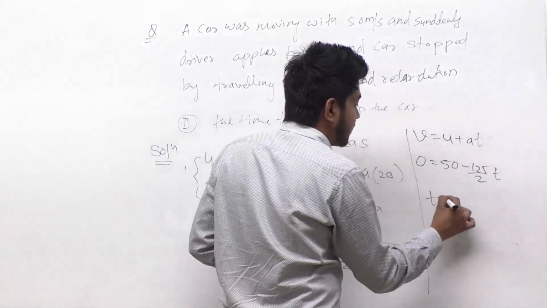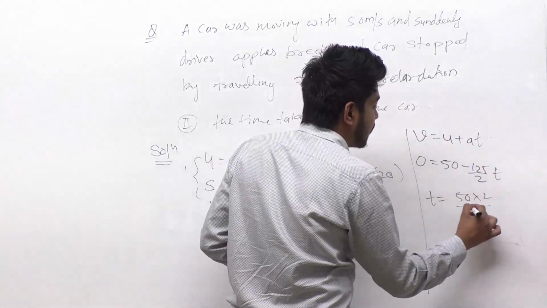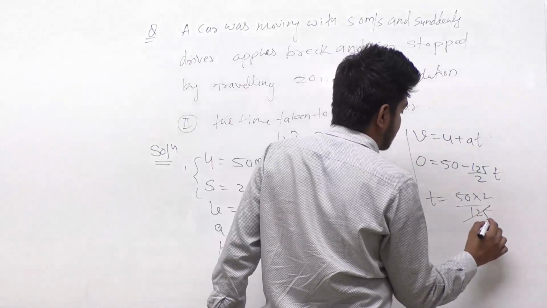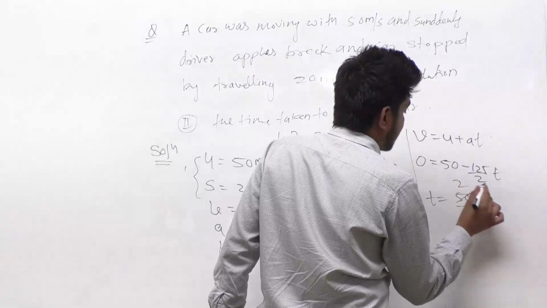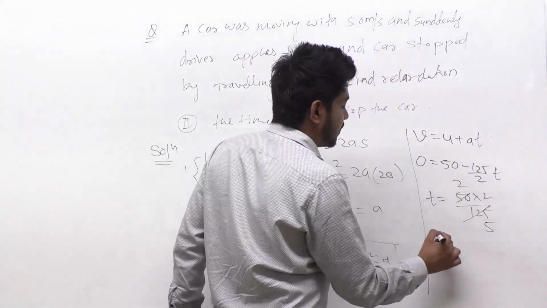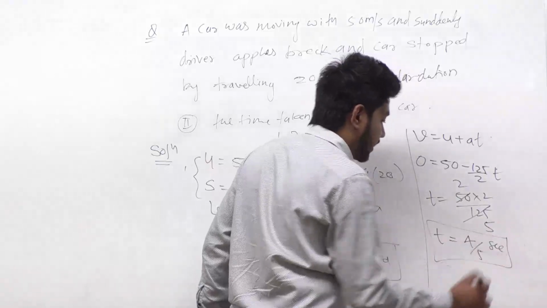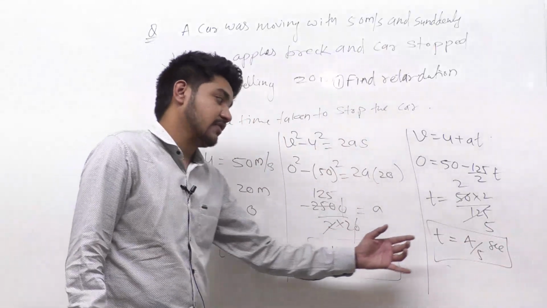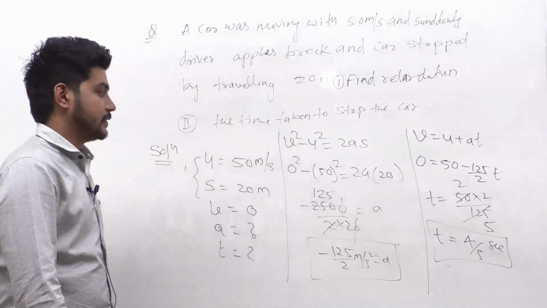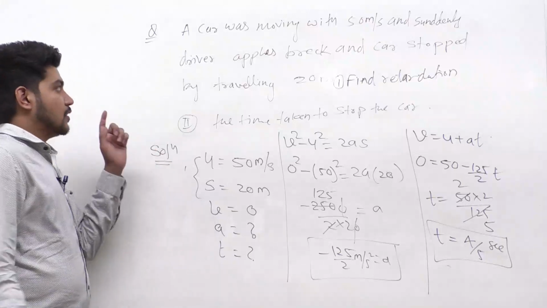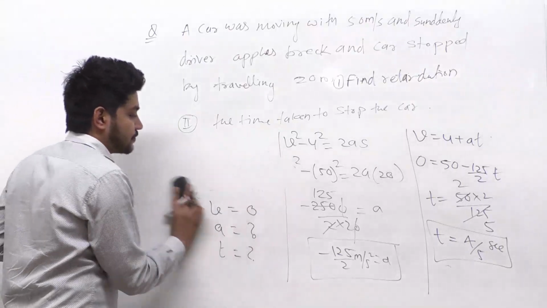So from here time will be 50 into 2 by 125. So 25 twos are 50 and 25 fives are 125. So time is 4 by 5 seconds, because everything we have taken in standard units. So the answer will come 4 by 5 seconds. Okay. I think this is clear to you now. I am erasing this now.